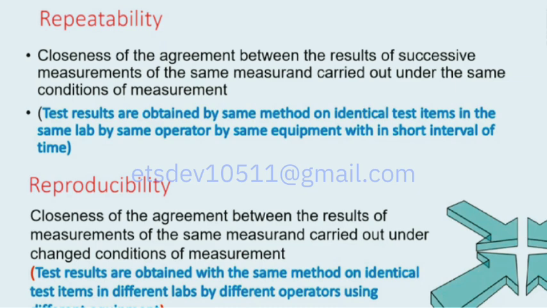So those results, 10 to 15 results you get, the average of that is known as the repeatability. Reproducibility, on the other hand, are tests which are obtained with the same method on identical test items. It could be in different laboratories, or in the same laboratory by different operators, or in the same laboratory if you have two different equipment, or in different laboratories with different operators and different equipment. So this is the difference between repeatability and reproducibility.